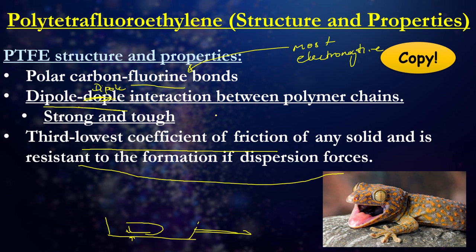This polymer is really good at preventing that kind of interaction from happening at all. So that's why with non-stick pans you don't see things stick, because it's preventing bonding between the actual pan and the food. And that's the idea.